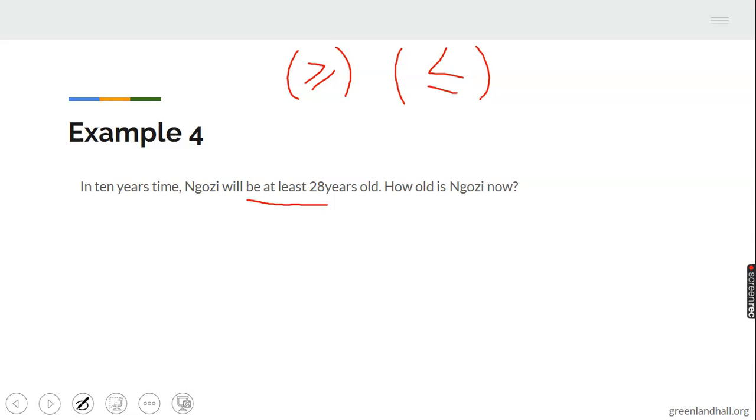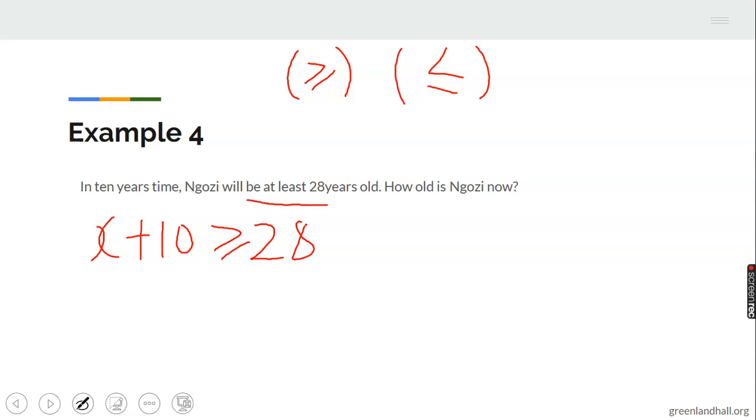So, in 10 years' time, in respect to your age now, what will be your age in 10 years' time? That is your present age plus 10. So let the age of Ngozi be x. That means x plus 10 will be at least 28 years. That means greater than or equal to 28 years. So how old is Ngozi now?